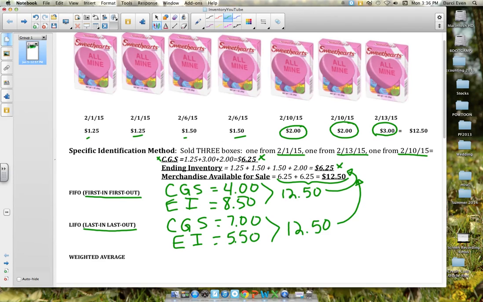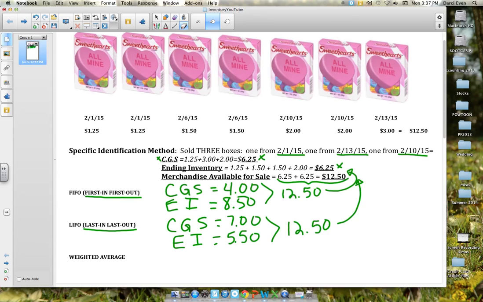Accountants use it in relationship to if they want to have a high net income or a low net income. And so we'll look at that more later, but this example is just to show you a very simplified manner of how we do this. And so the last one we have to do is the weighted average. And so once again, we're going to clear these off.